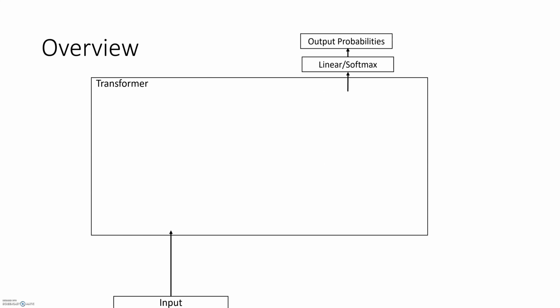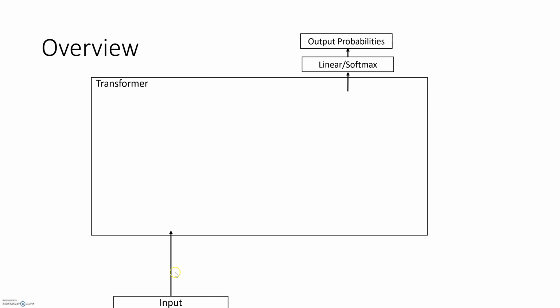To begin with, think of transformer as a black box. So it's a deep learning model, which is represented by this big box, and it takes in some input, and we expect it to give us some output. As an example, let's say we want to do translation from English to French.